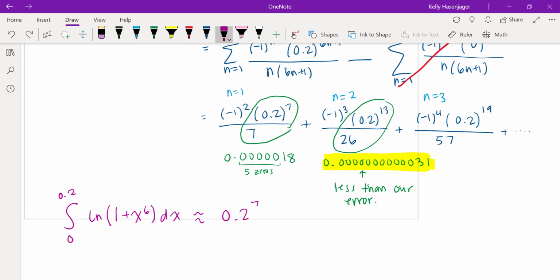So 0.2 to the 7th power over 7, which is approximately 0, and we have 5 zeros, and then 18.